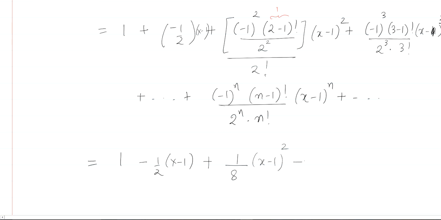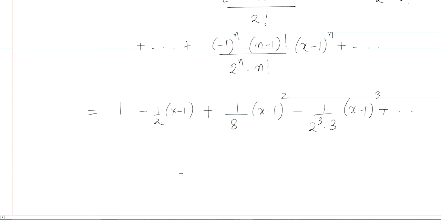The next term becomes minus, since minus 1 cubed becomes minus 1. 2 factorial, which is right here, and then I have a 3 factorial in the denominator, which just gives me 3. So this becomes 1 over 2 cubed times 3 times x minus 1 to the power 3, plus dot dot dot.